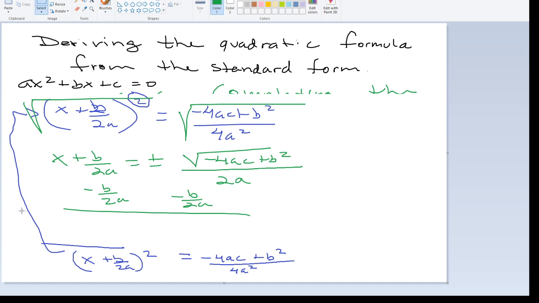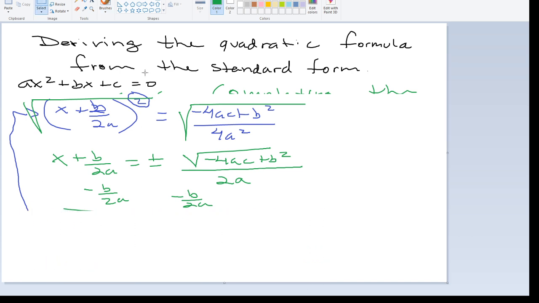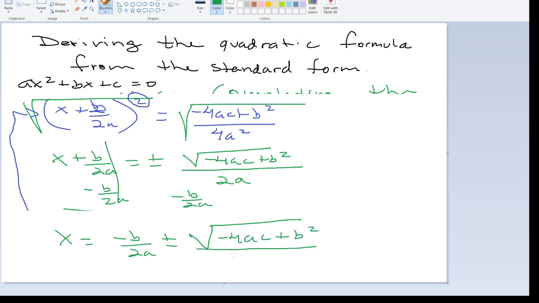And that's going to give us, this goes away, so we get x equals negative b over 2a plus or minus the square root of negative 4ac plus b squared over 2a. But since we're adding or subtracting and we have the same denominator, we can write everything as one denominator.